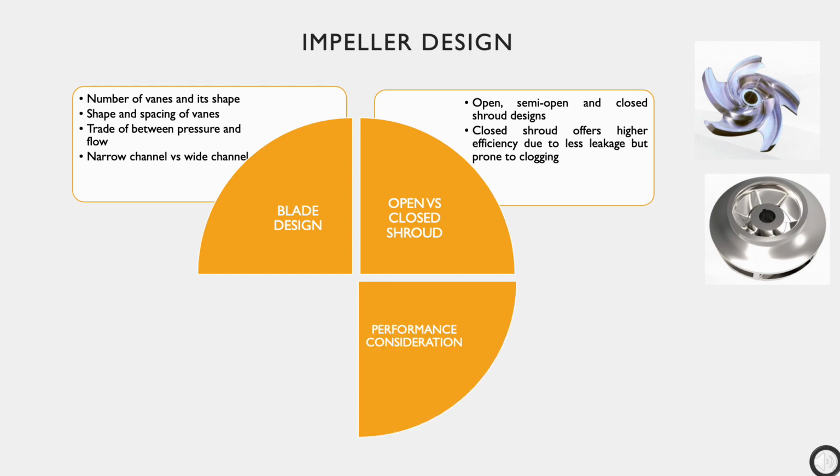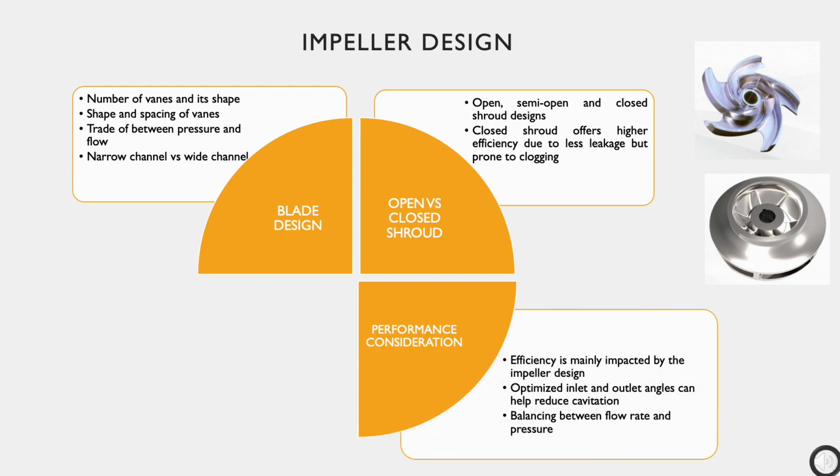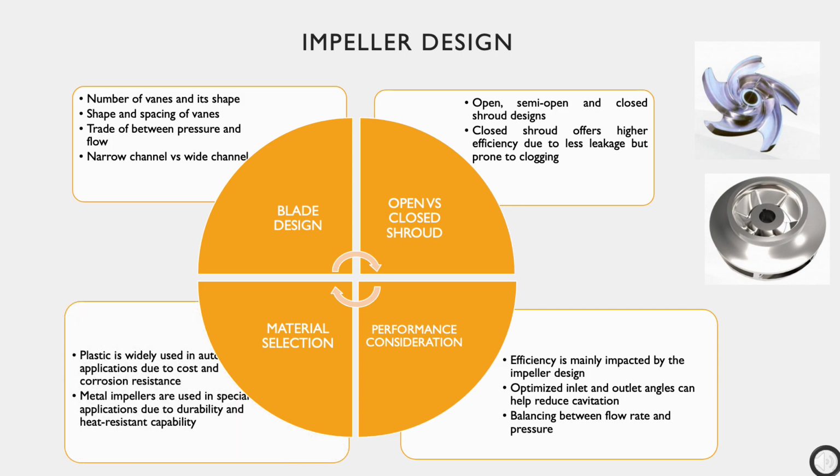Impeller design is mainly driven by the performance requirements from the pump and what pressure versus flow trade-off is expected. Cavitation is another factor to consider while designing the impeller. In terms of material, as mentioned before, plastic is the most common material due to cost and corrosion resistance. However, some applications use metal impellers if durability and heat resistance are important.